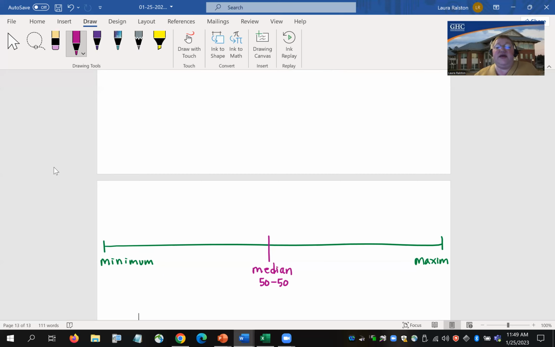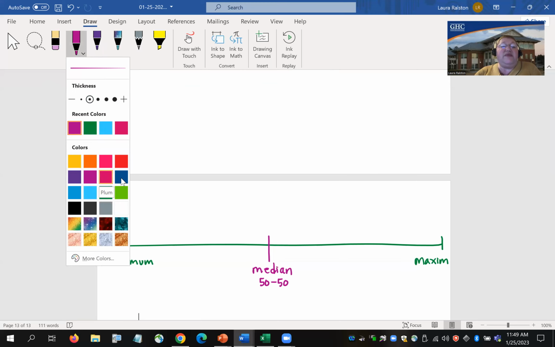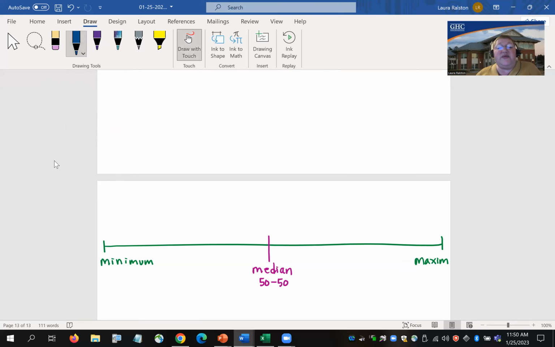If I divide between the median and the minimum in half, between the minimum and that tick mark I have 25% of the data, and then I have 25% from the mark to the median.